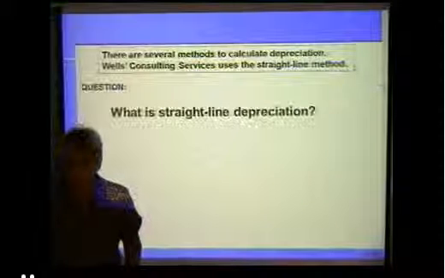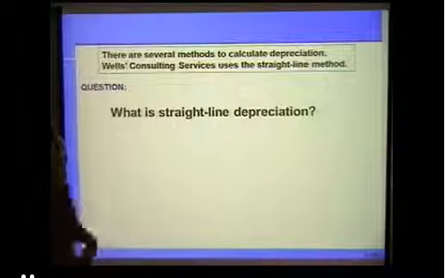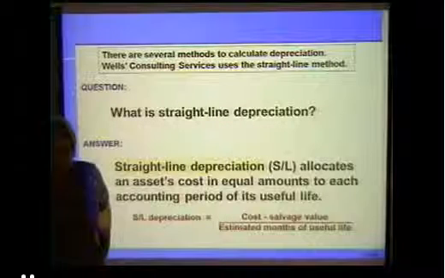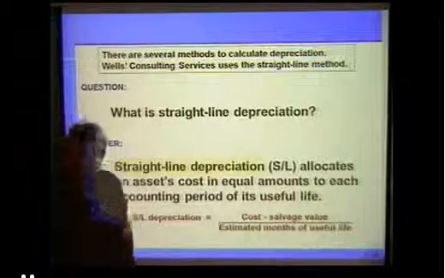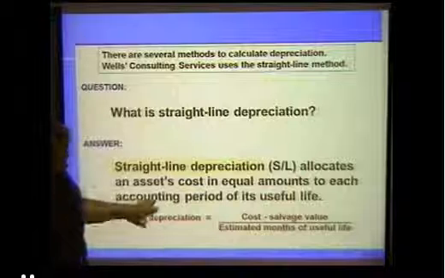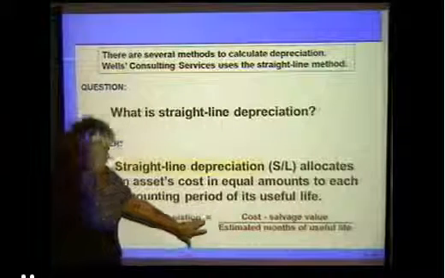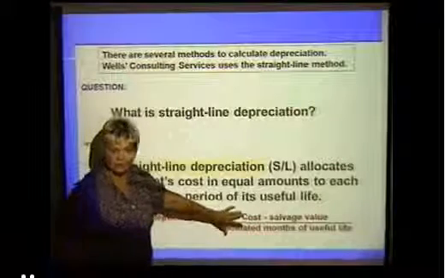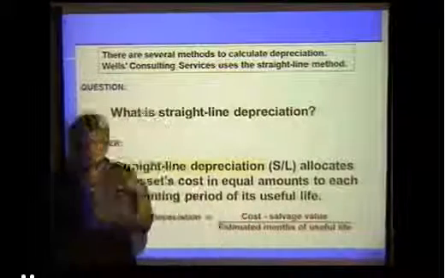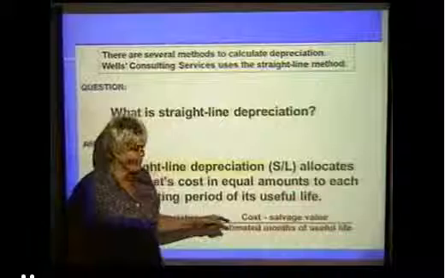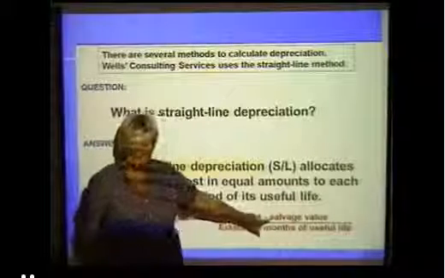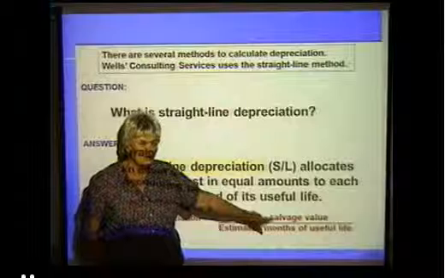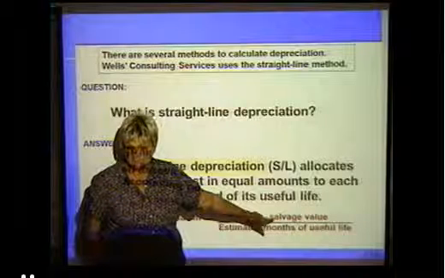Okay, so here's how we figure it. We're going to use what we call straight line depreciation. And here's the formula for straight line depreciation. Take the cost of the equipment or whatever the piece is that we're depreciating, the equipment or the vehicle, minus any salvage value that we think the equipment would be worth at the end of its useful life.